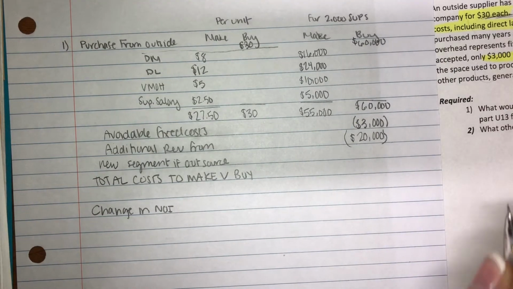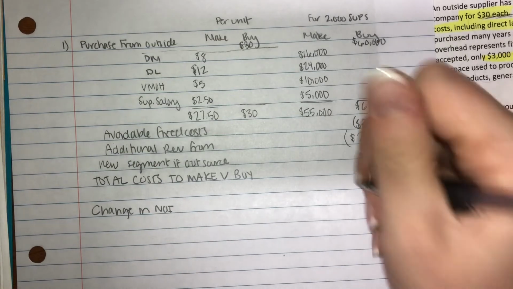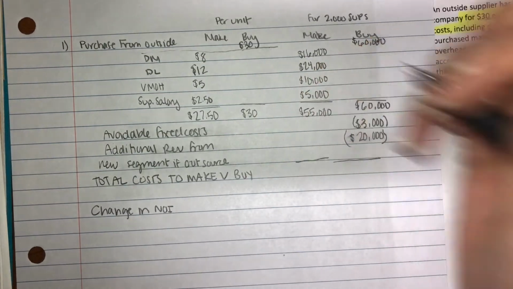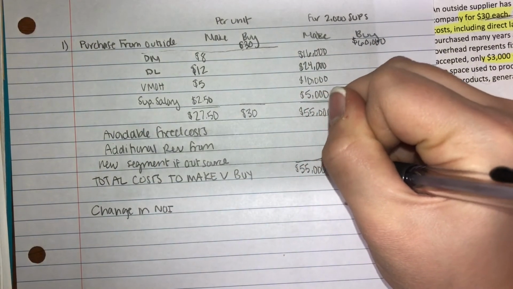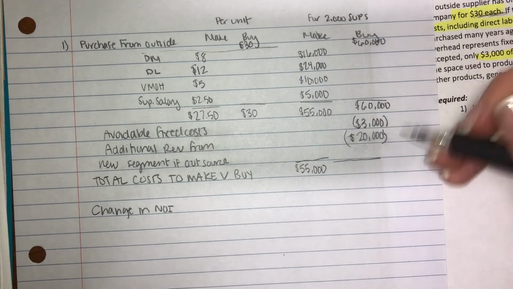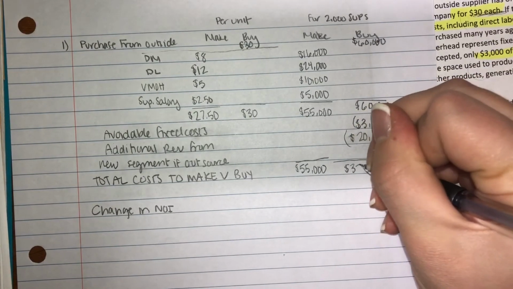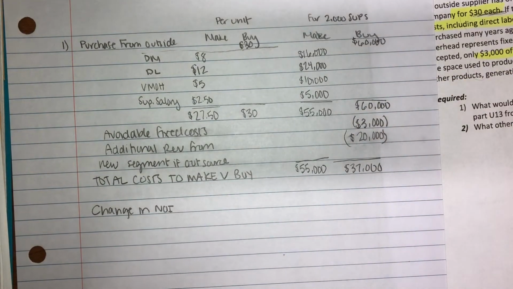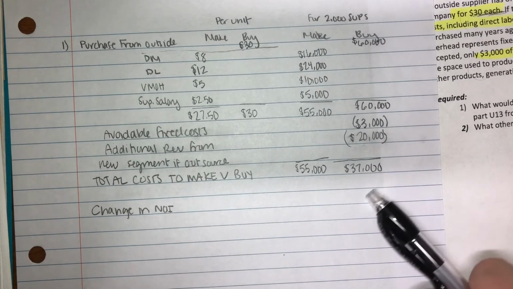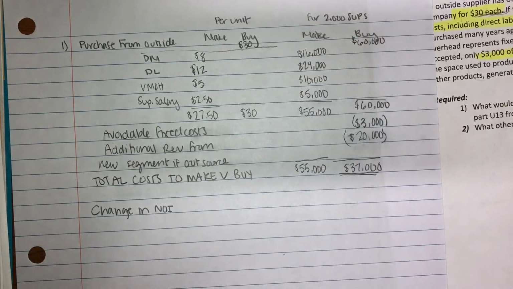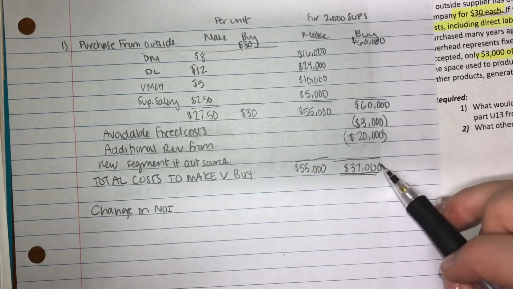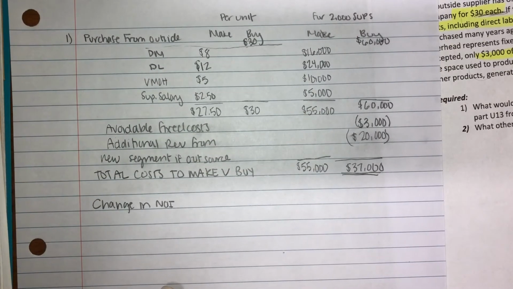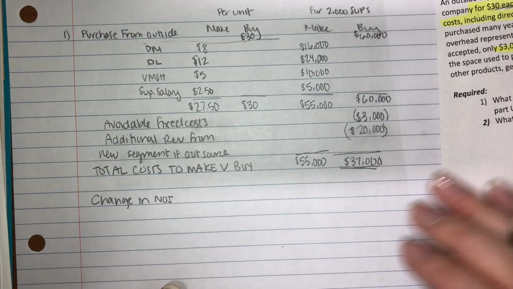Now we're going to add all of these together to determine our total cost to make or buy. $55,000, right? There are no additions or subtractions there. And here, believe it or not, it actually got down to $37,000. Now there's an option that looks a lot better. This option right here is probably what we want to choose, because if we consider these other factors, it's going to be less to purchase it, and it's going to give us more opportunity.